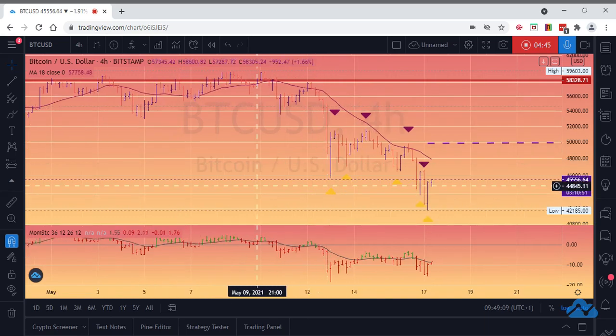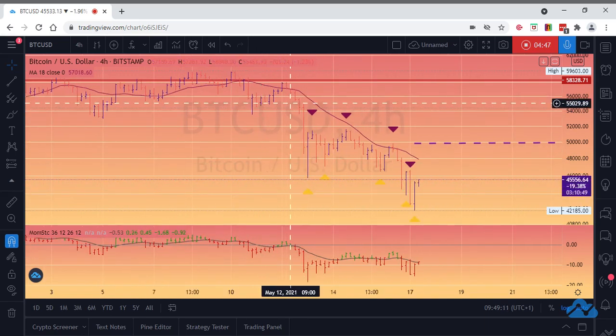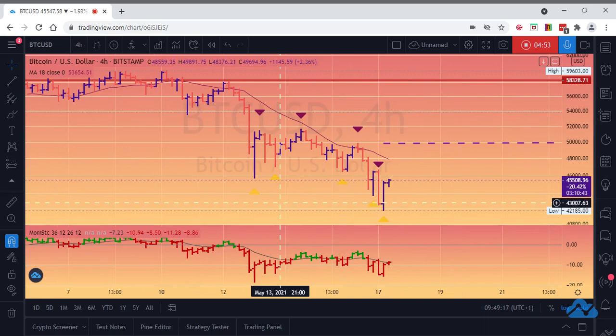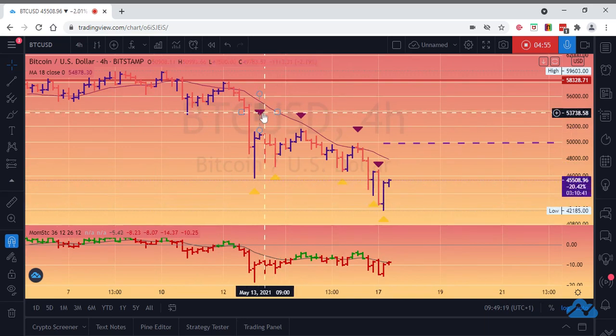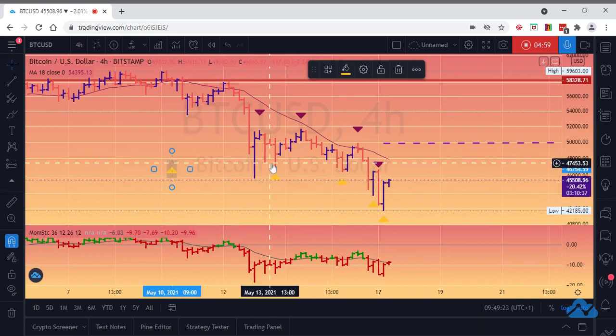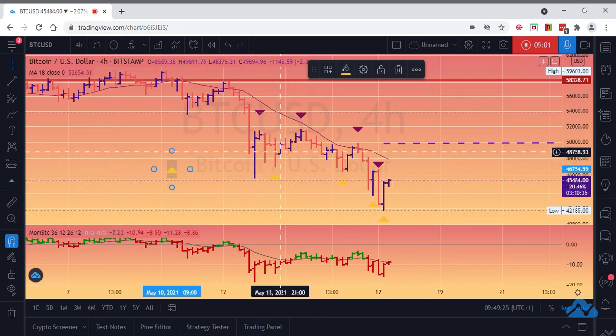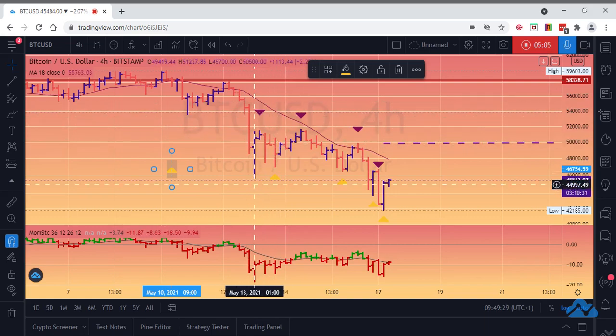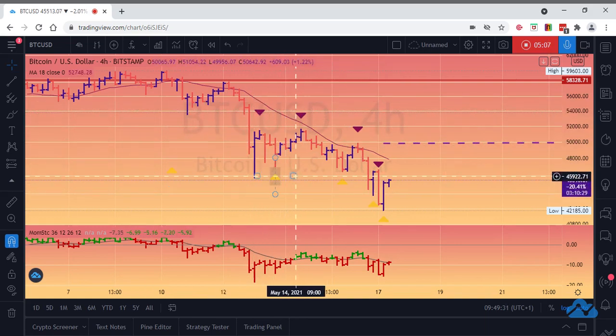So you don't need this. From this lower low, that's the next higher high. So get rid of that. This low is higher than that. So now the trend has shifted. It's neutral though, because it's underneath your moving average.